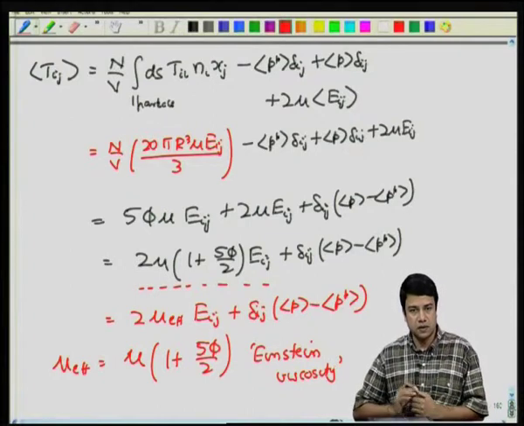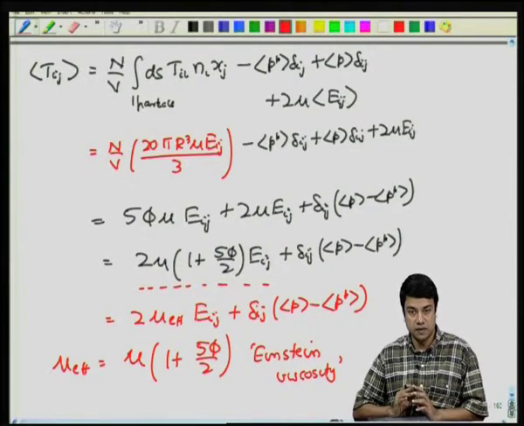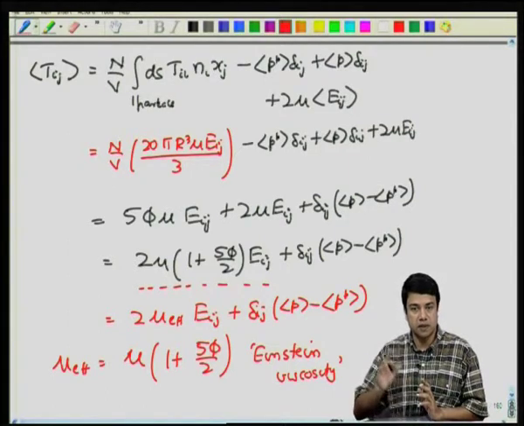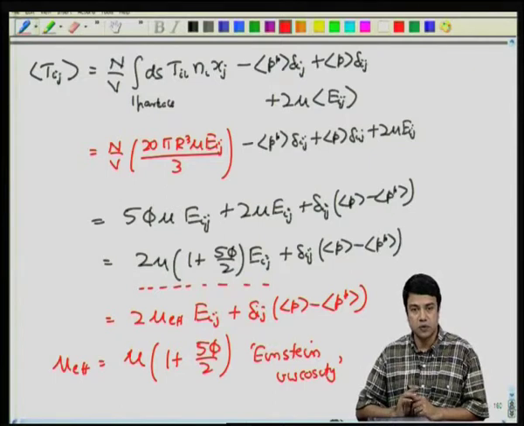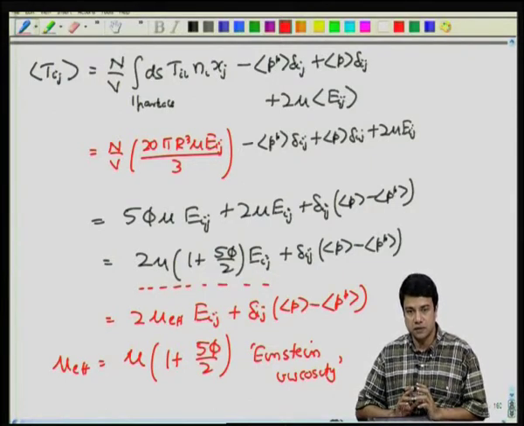To reiterate, this effective viscosity of a suspension is only in the limit of dilute, small volume fraction, so that the particles are non-interacting, that is, the velocity field around one particle is not disturbed by the motion of the other particle. In that case, the effective viscosity of a suspension of particles in the limit of low Reynolds number is equal to the fluid viscosity times 1 plus 5 phi by 2.